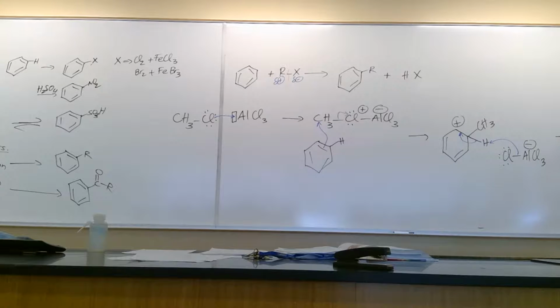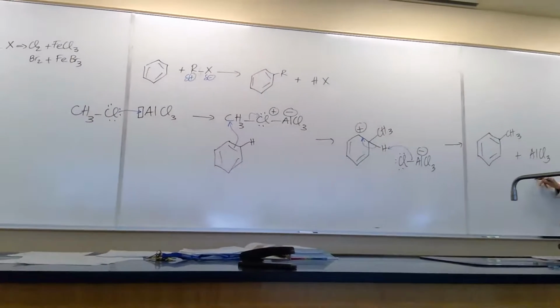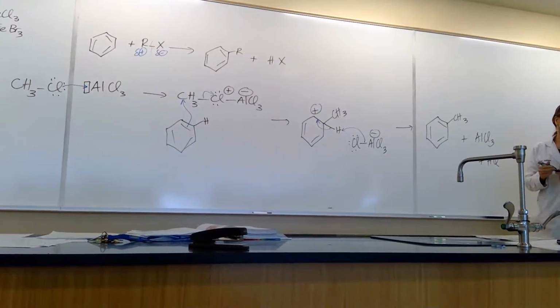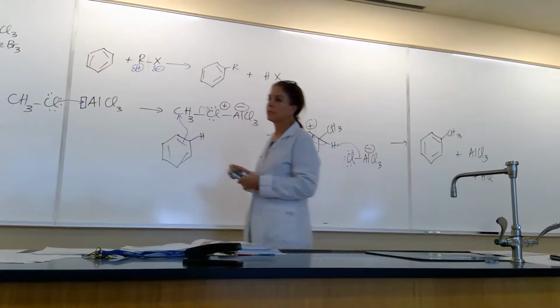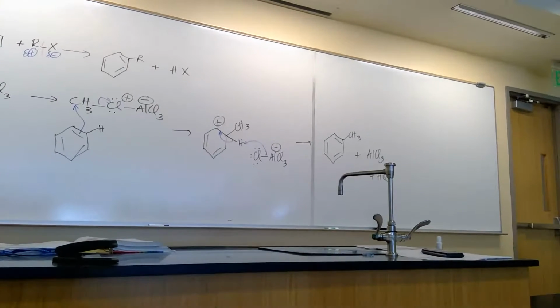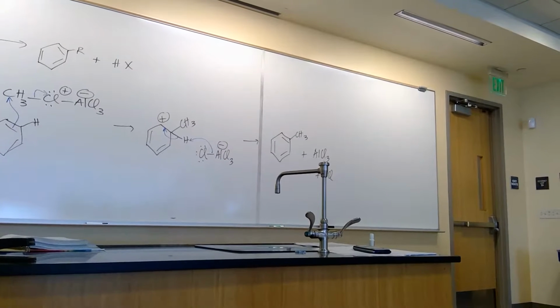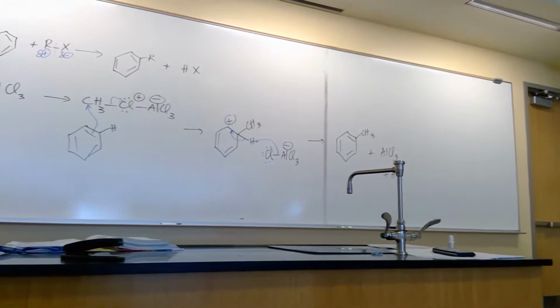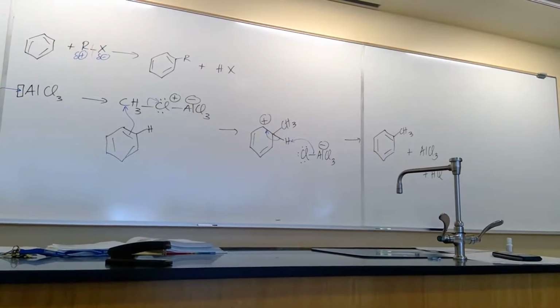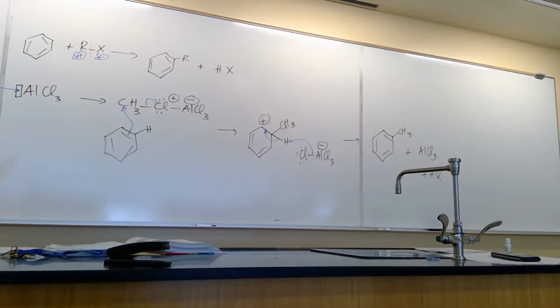So you end up with the alkylated benzene plus HCl. H from the benzene, Cl from the alkyl halide. So the alkyl halide gave its chlorine, the benzene gave its H, and they kind of switch partners.